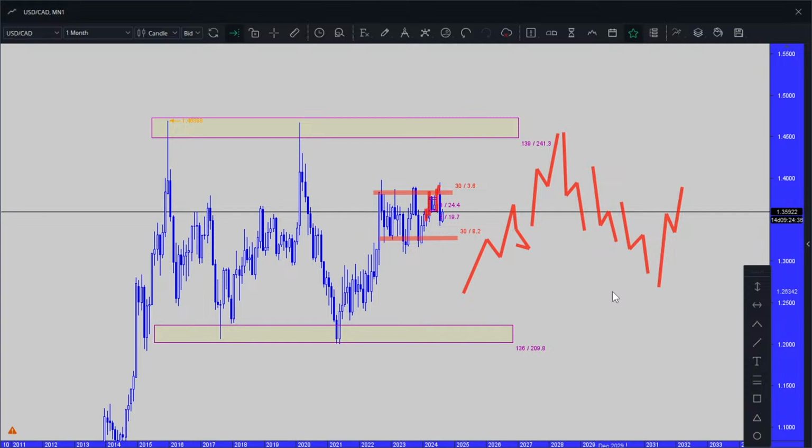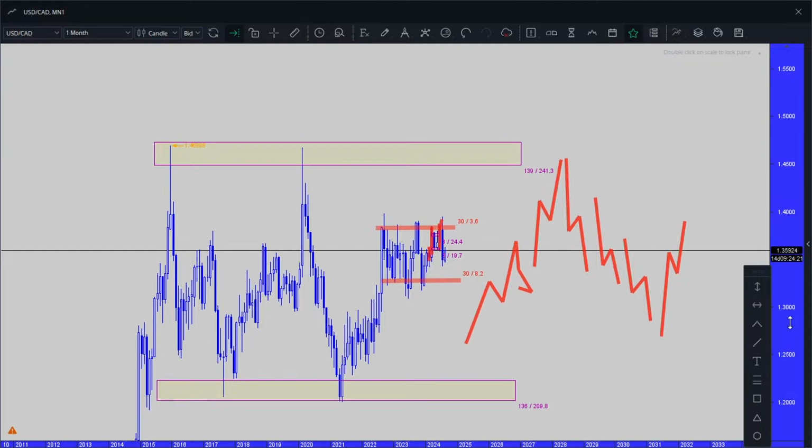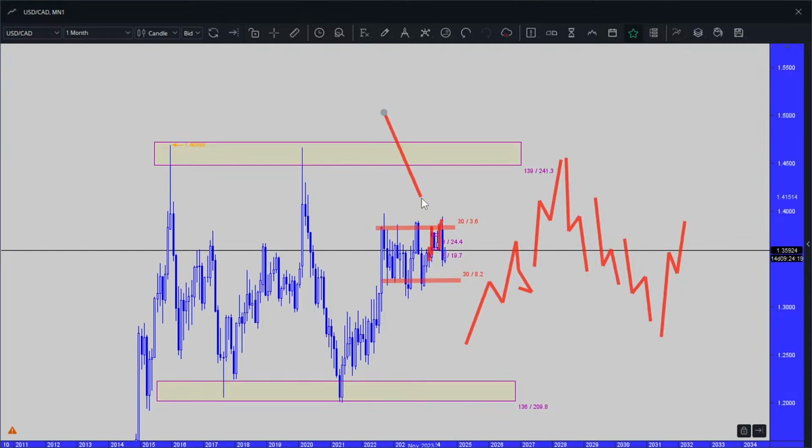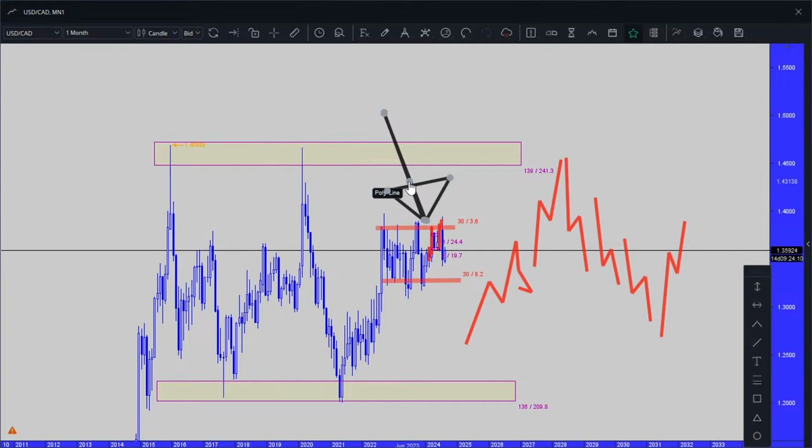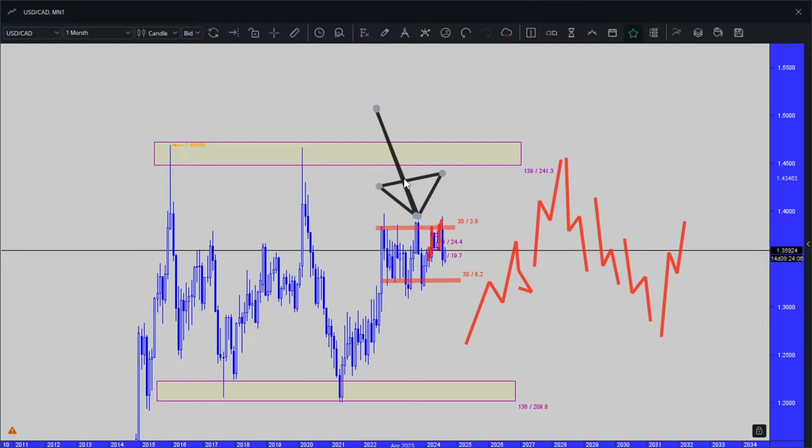I know for a fact that most of you, not everybody, are not checking the monthly and the weekly charts. And this is a mistake. Makes sense, everybody? Some of you have been stubborn for years.